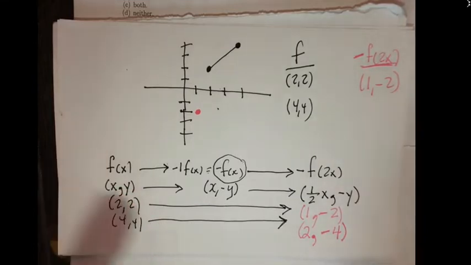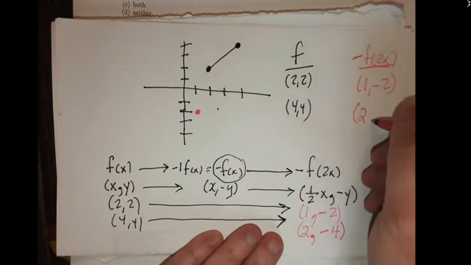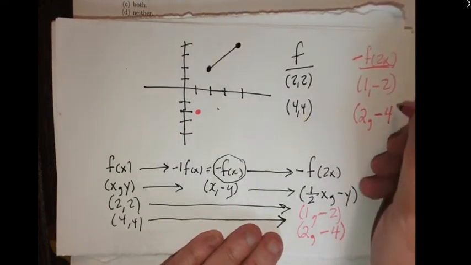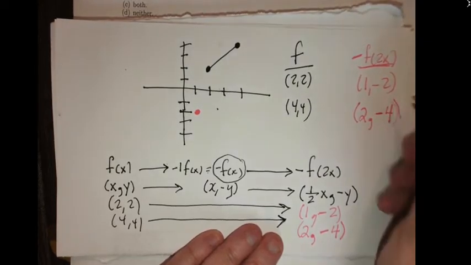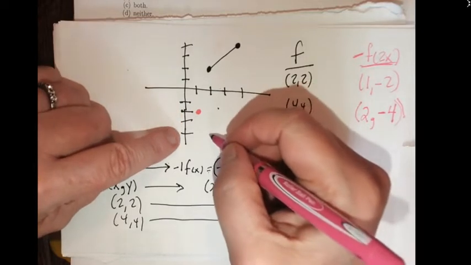So this will go to 2 comma -4. And 2 comma -4.